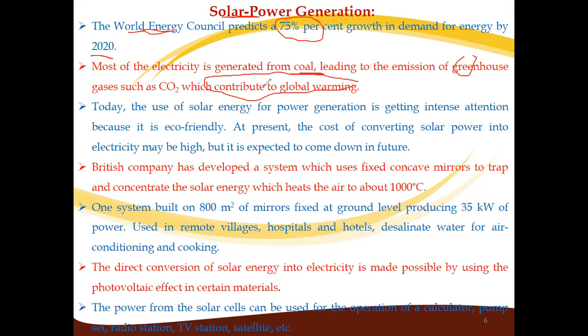After the summit held in Kyoto on climate change in 1997, and the ministerial meeting in Buenos Aires in 1998, all countries are trying to reduce their dependence on fossil fuels because of the emission of greenhouse gases, which leads to global warming.